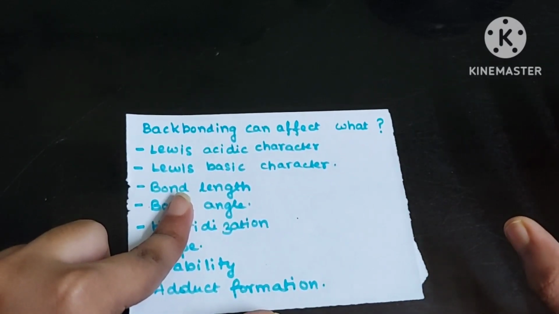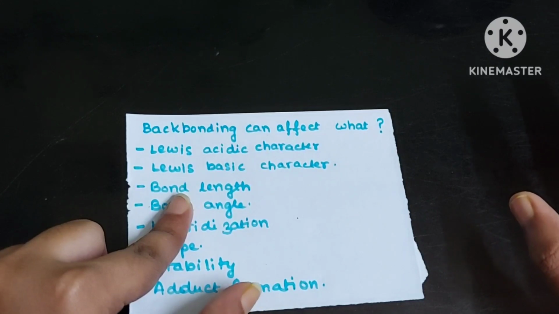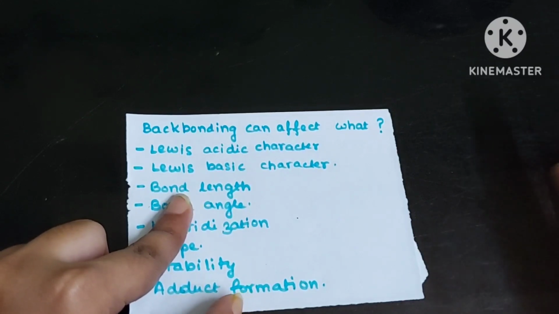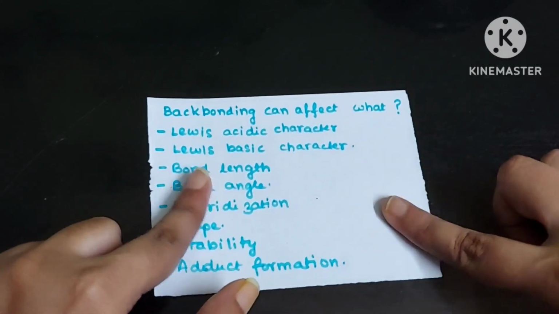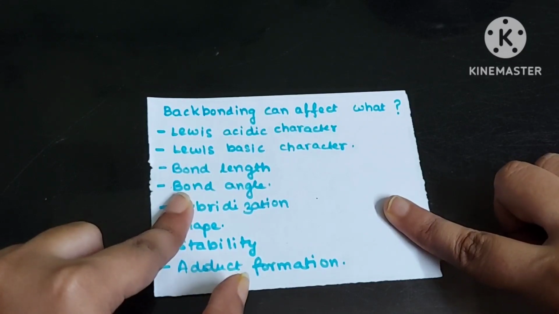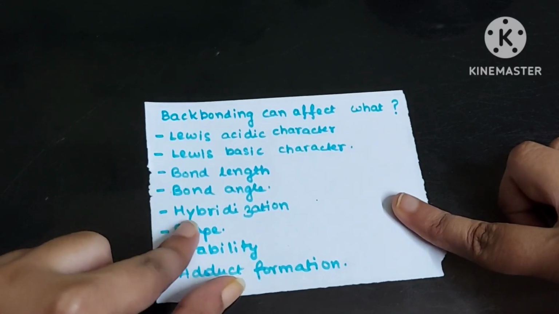In the bond length question we saw that bond length decreases because double bond character comes into effect. Bond angle increases.